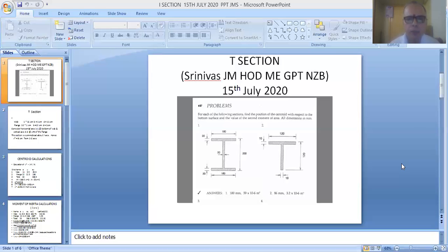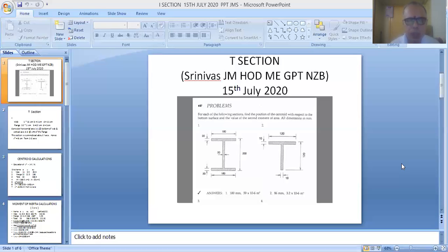And friends, in the left hand side of the figure, we can see the arrangement of the I section. The T section has two components as shown in the right hand side of the slide, and the I section is divided into three components.